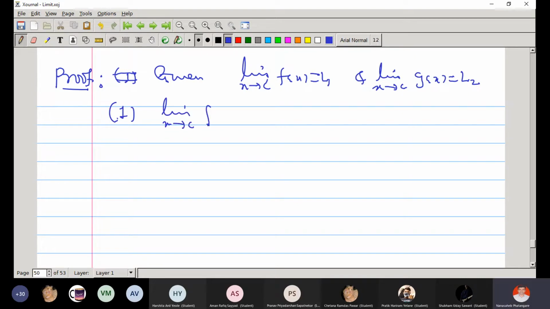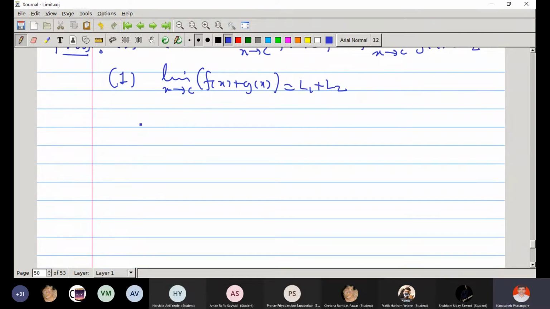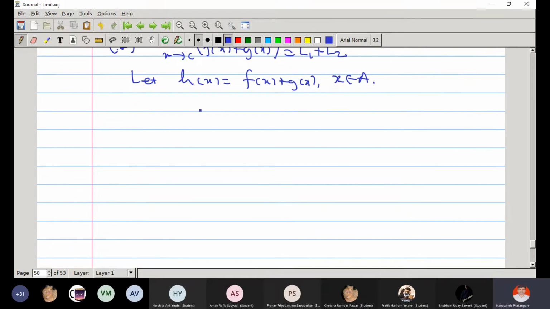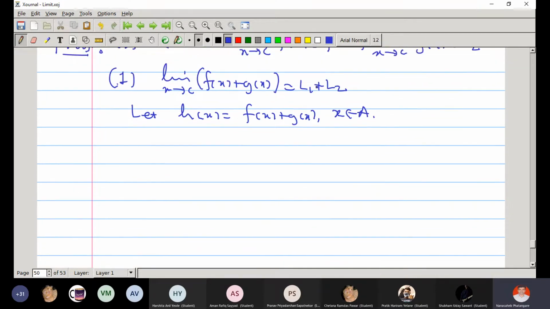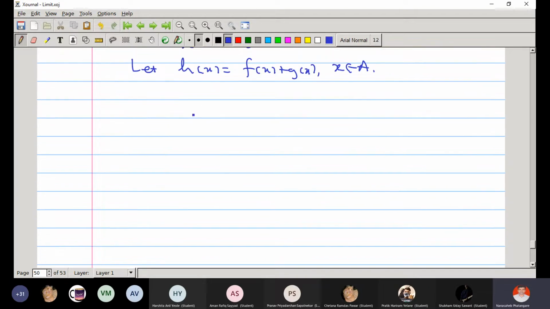The limit as x tends to c of f(x) plus g(x) is L1 plus L2. So we can use the sequential criteria. f plus g is a new function, right? Let h(x) equal f(x) plus g(x). This is a new function defined on the same domain A, and we want to prove that the limit of this function is L1 plus L2.